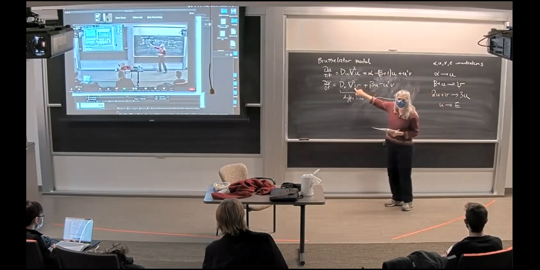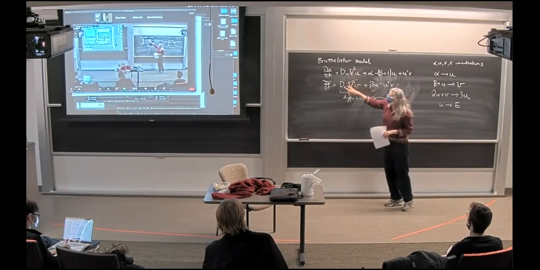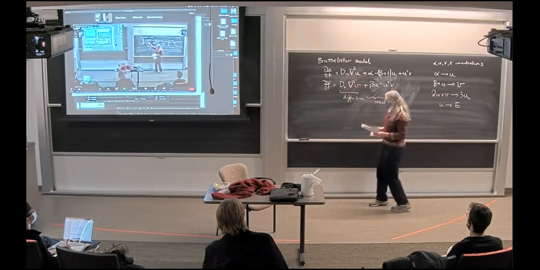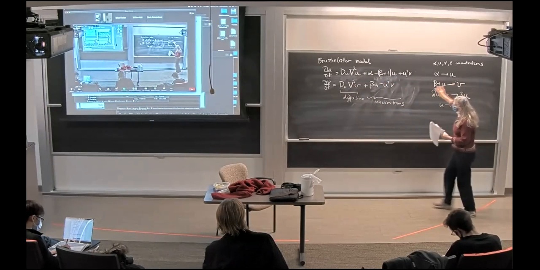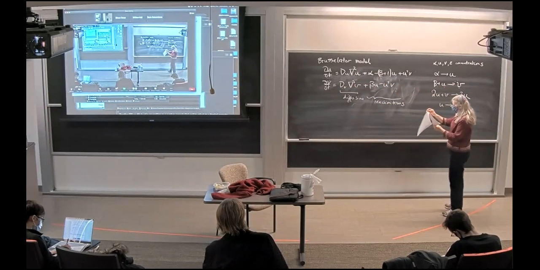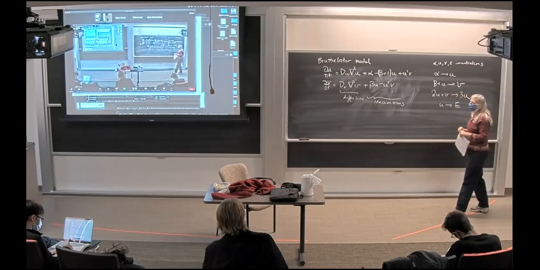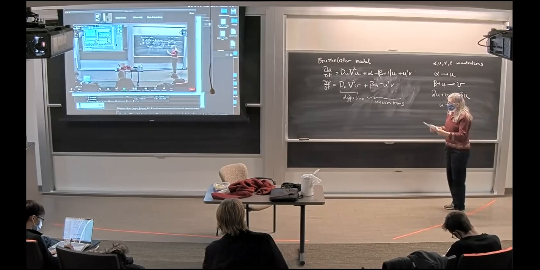And then if there are spatial degrees of freedom and the chemicals diffuse, that gives you these terms. Okay, so taking these is supposed to give you that. So the first thing we're going to do is look at the steady state model.